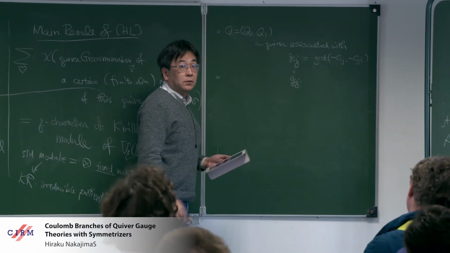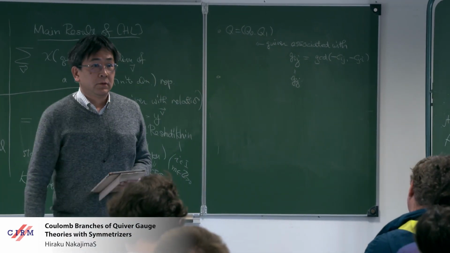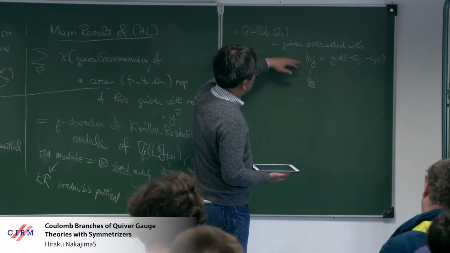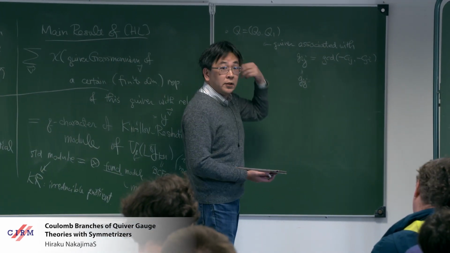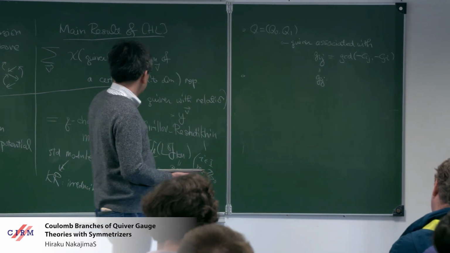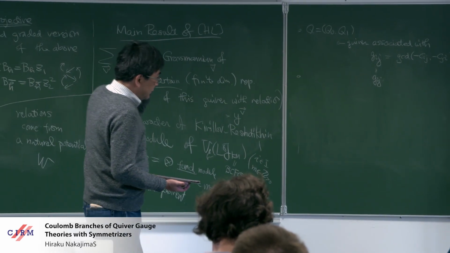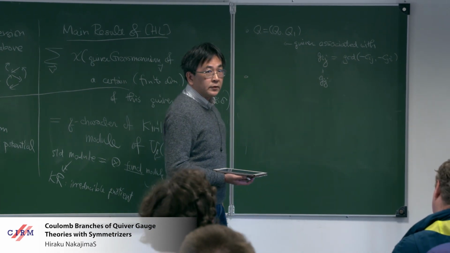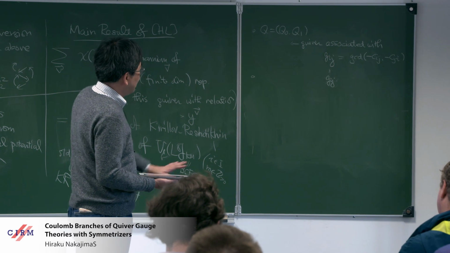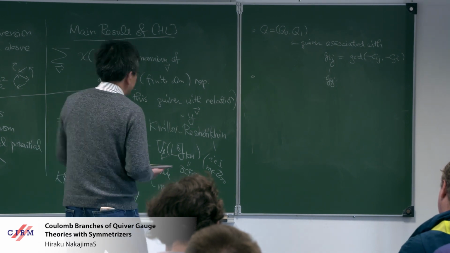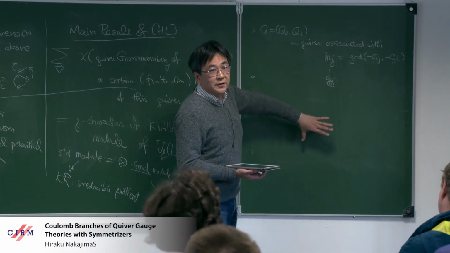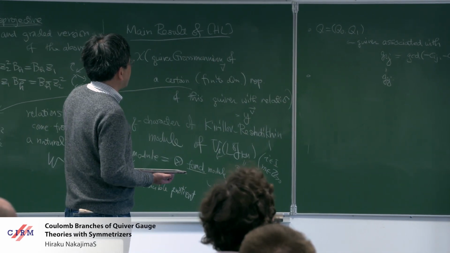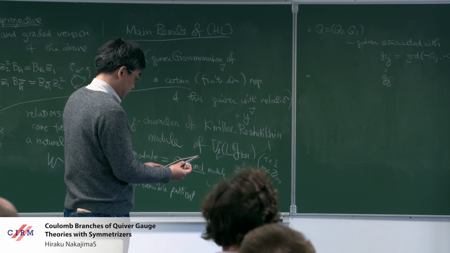Do you assume that the d_i are primary? No, I don't. In fact, the construction of the Coulomb branch is independent of the d_i, depending just on C_ij. In this construction, d_i appears only in the truncation order, and the important part is the relation between the different linear maps in different patterns.